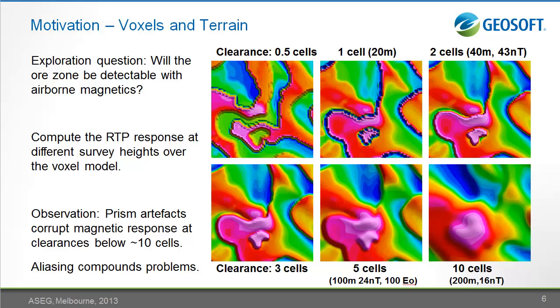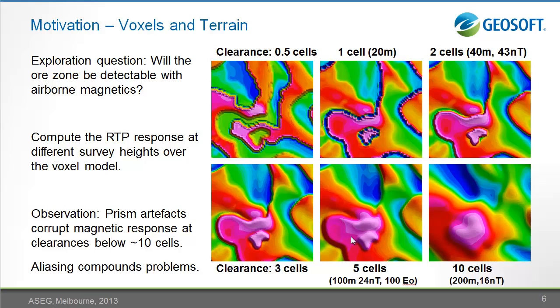Also draw your attention to the fact that the RTP response is effectively the same as the gravity gradiometer response, the GZZ response, via Poisson's relationship. And for example, at this 5 cell clearance or 100 meter clearance, we're talking about 100 Eötvös range in GZZ.